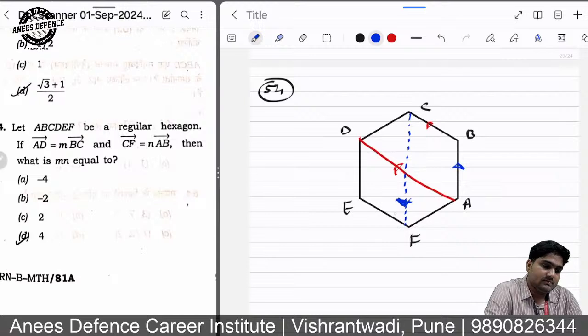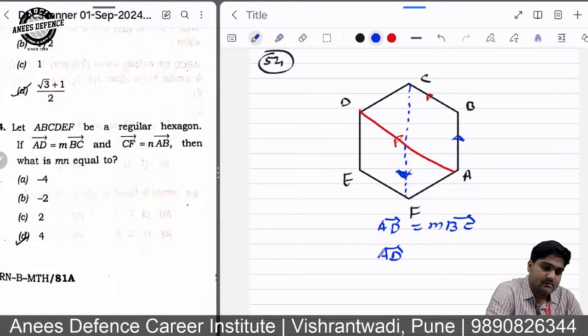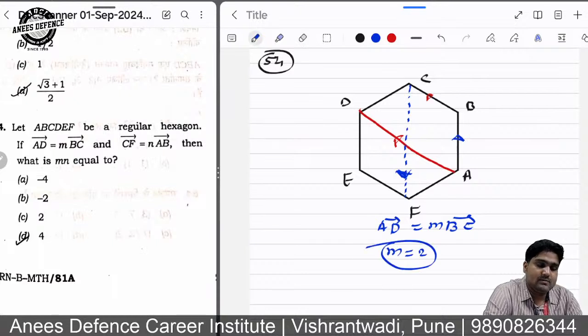AD is given as M times BC, so here M is 2, because AD equals 2 times BC. And CF is N times AB.